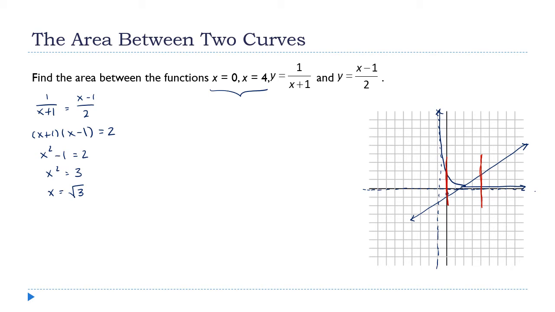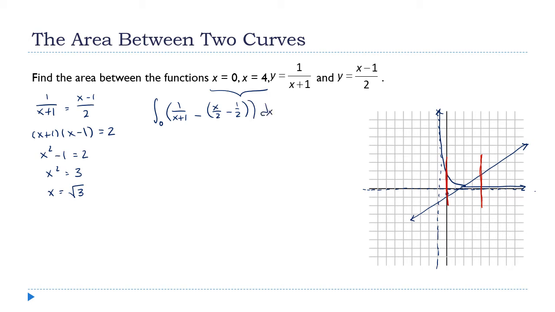Okay, so let's see. I'm going to do the integral from 0 to 3. Who's on top on the left side of the interval? That's 1 over x plus 1 minus x over 2 minus a half dx.